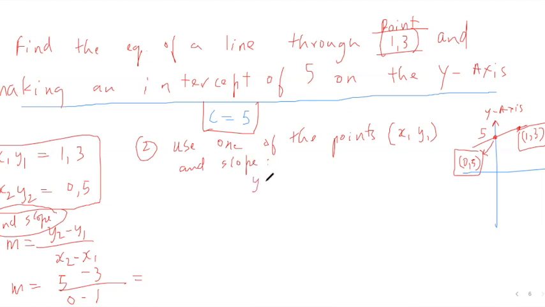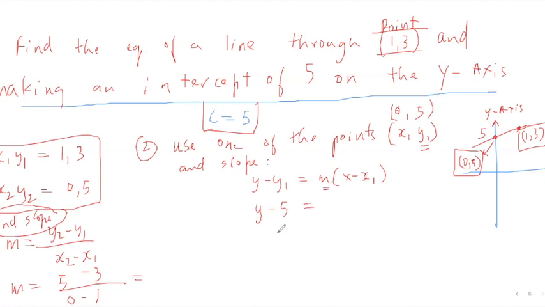And this form: y minus y1 is equal to m times x minus x1. So we can use (0, 5). I like points that have 0 in them. It makes it lighter to solve. So y minus y1, that's y minus 5, y1 is 5, is equal to m.